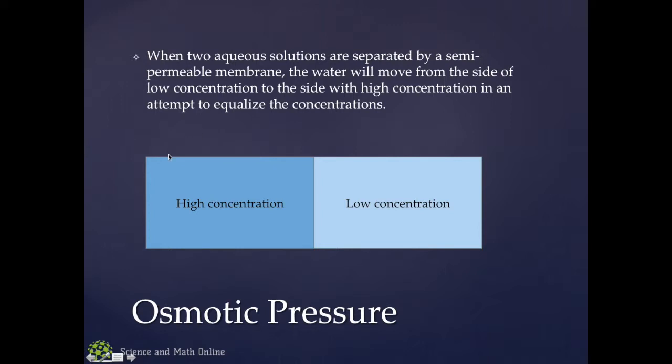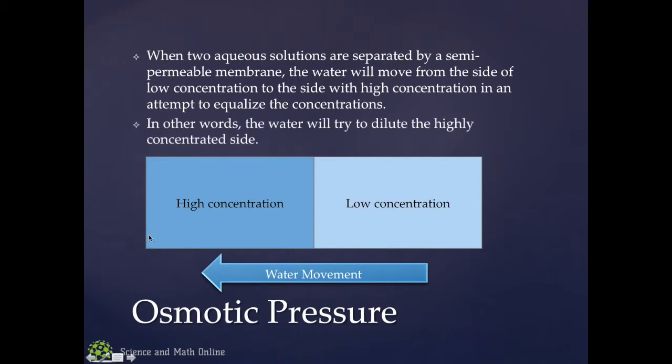And so if I've got high concentration on this side, low on this side, and I've got a semi-permeable membrane in the middle, I can't take the salt from this side and move it over. All I can do is move water. The water is going to move this way. Why? The water is moving in an attempt to dilute this side.